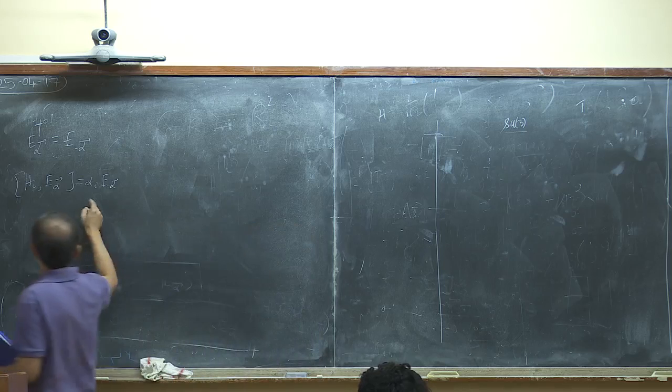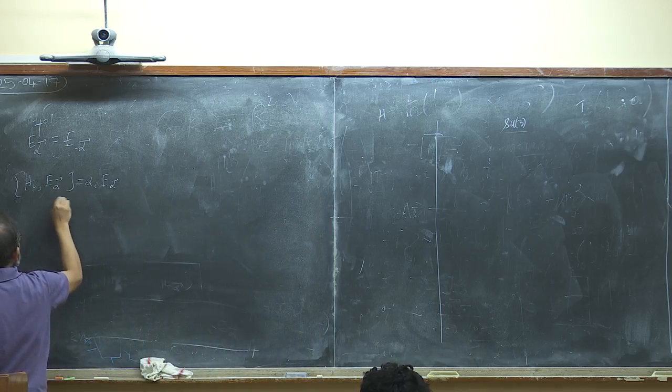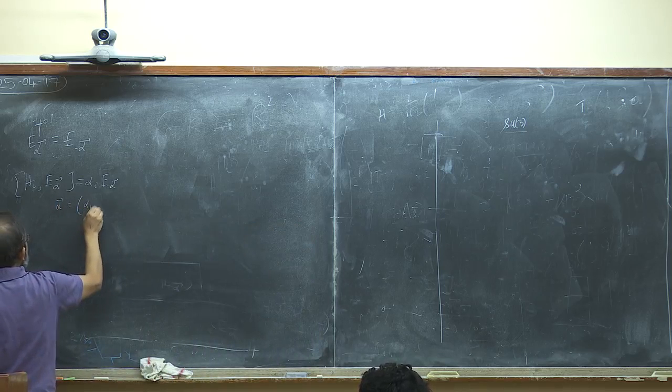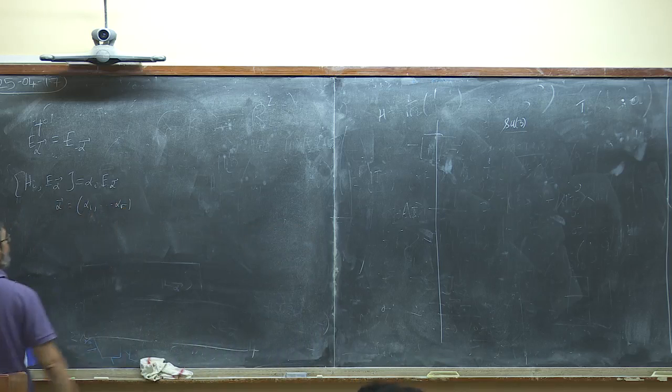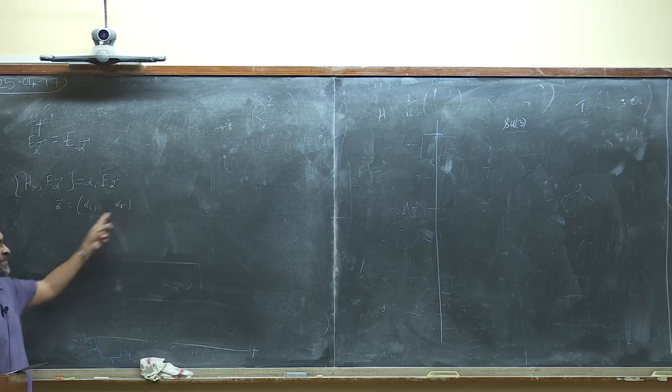This alpha vector is alpha 1 up to alpha r. I'm using just the vector notation for this set. The eigenvalue should also be a vector, basically a point in the vector space.